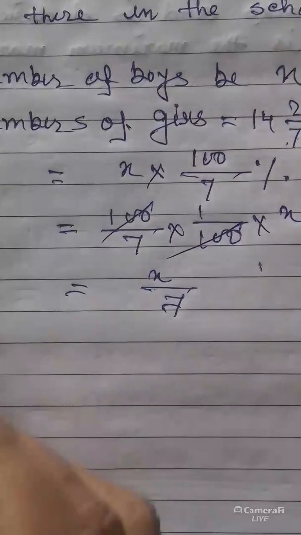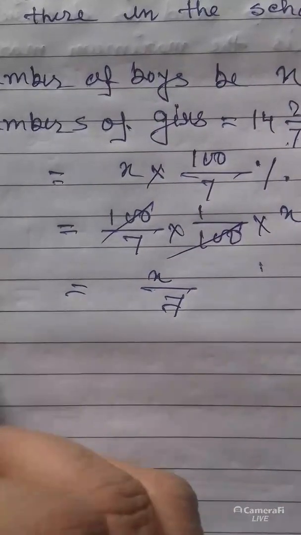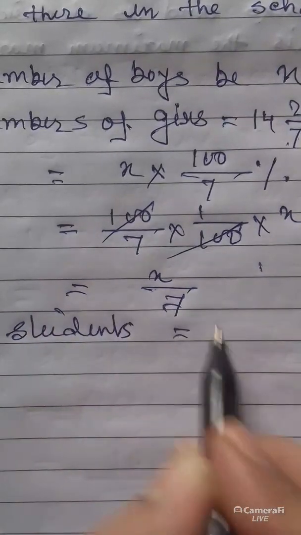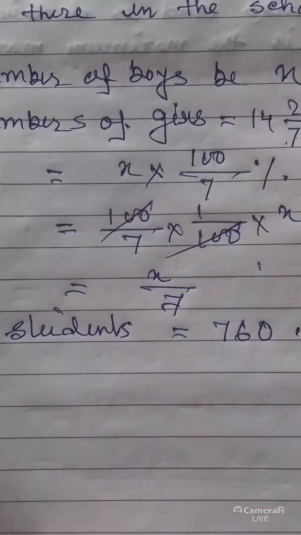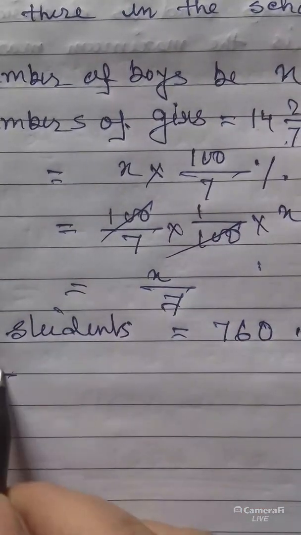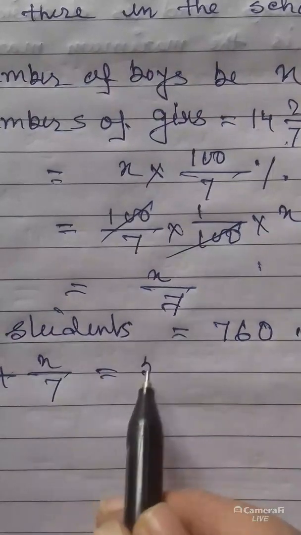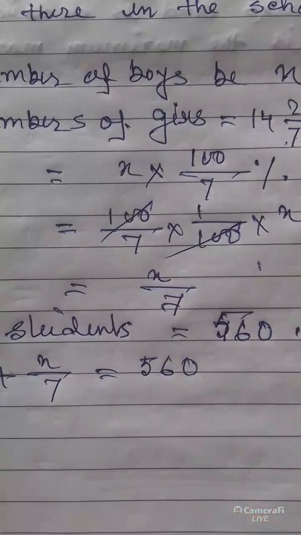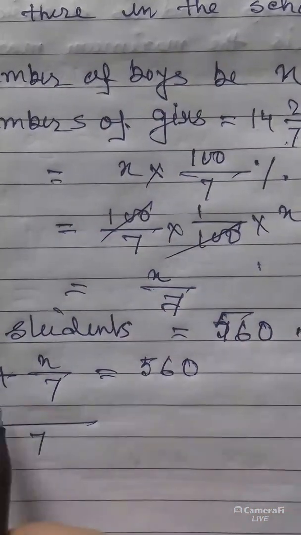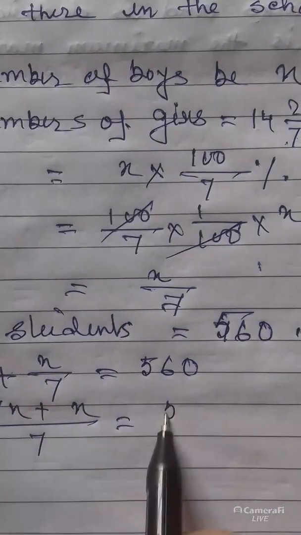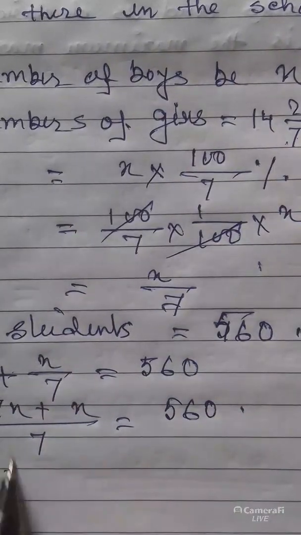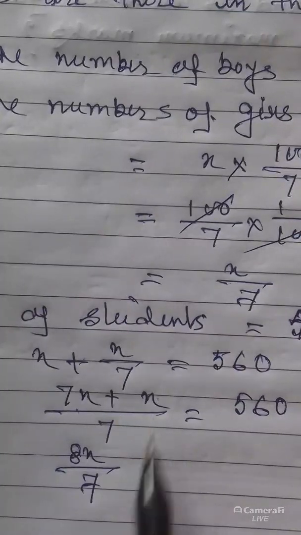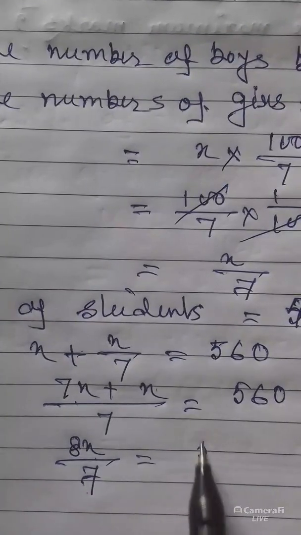Now the total number of students is given, equal to 560. Therefore, x plus x by 7 equals 560. Taking LCM 7, 7x plus x equals 8x, so 8x by 7 equals 560.